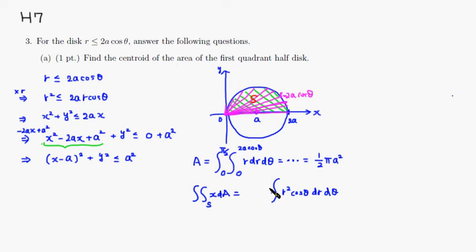In the double integral, r goes from 0 to 2a cosine theta, and theta goes from 0 to pi over 2.